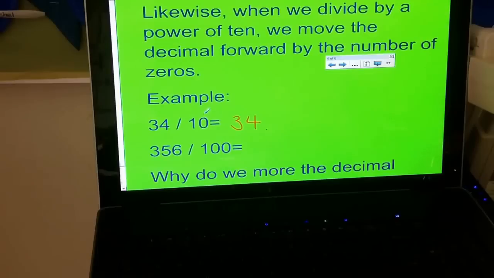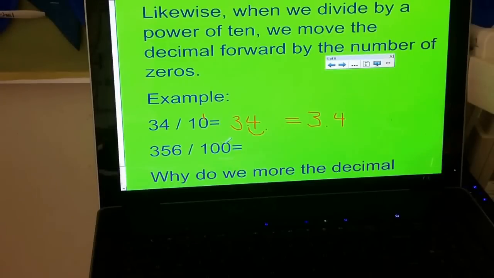And because there's 1 zero, I would move my decimal point forward 1 place, which places it right there. So I end up with 3 and 4 tenths. And if I do my check, I start off with division and end up with a number that is smaller than I started off with. When we divide numbers, they become smaller.